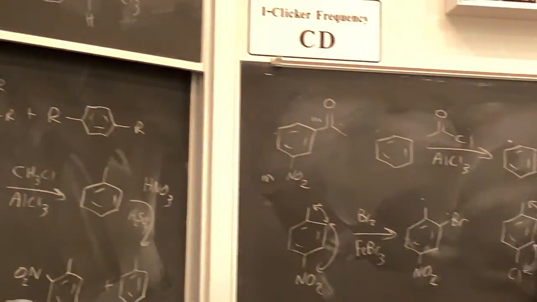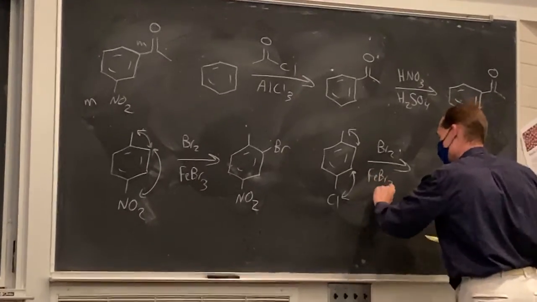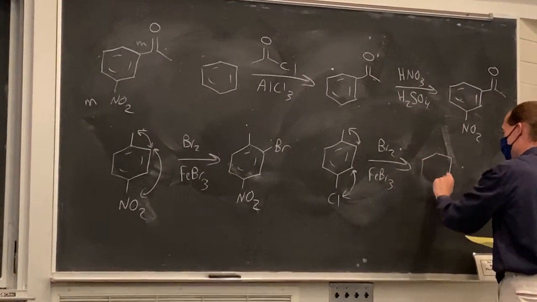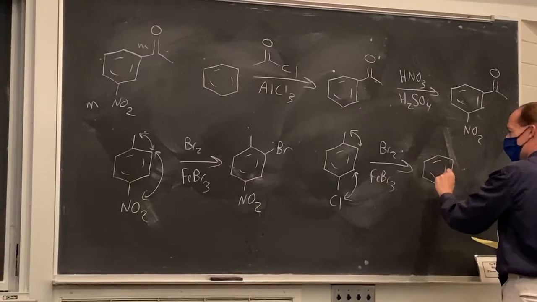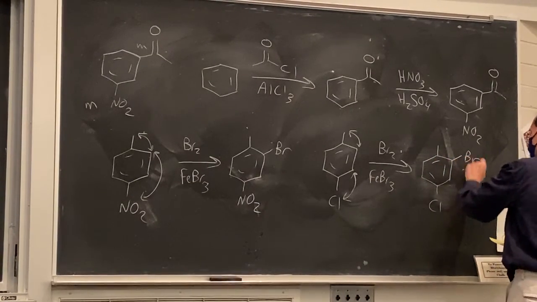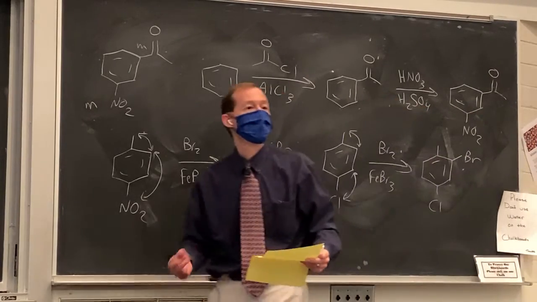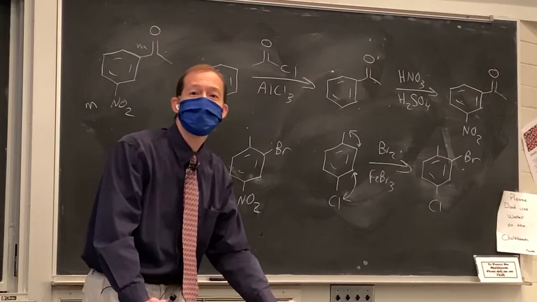So the methyl group is going to control the reaction. If we're brominating, then we obtain this product as our major product. Questions?